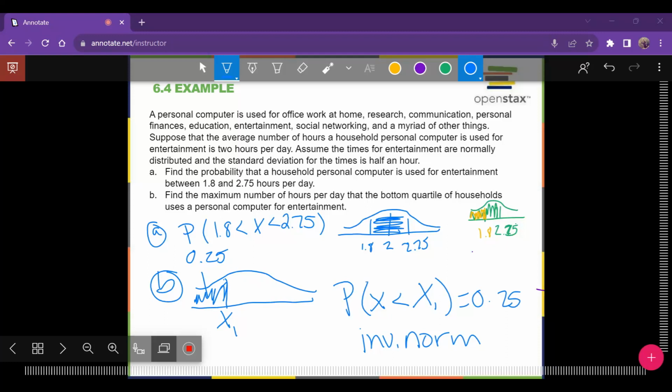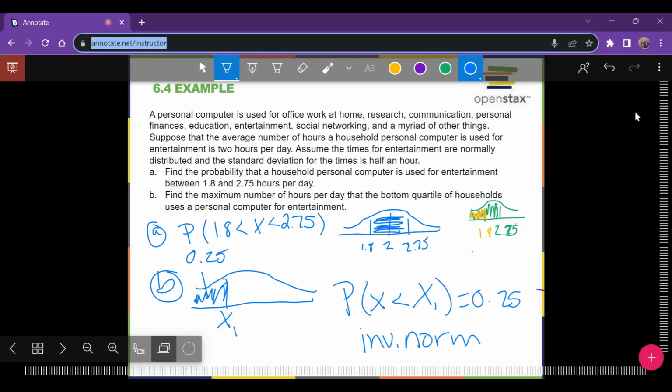So if we go back here, what we're saying is this x right here is 1.66. And then this whole probability we found on the previous one was 0.5886.